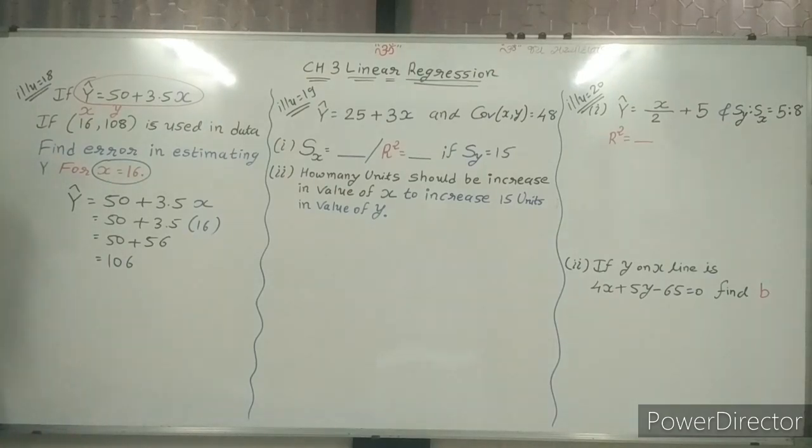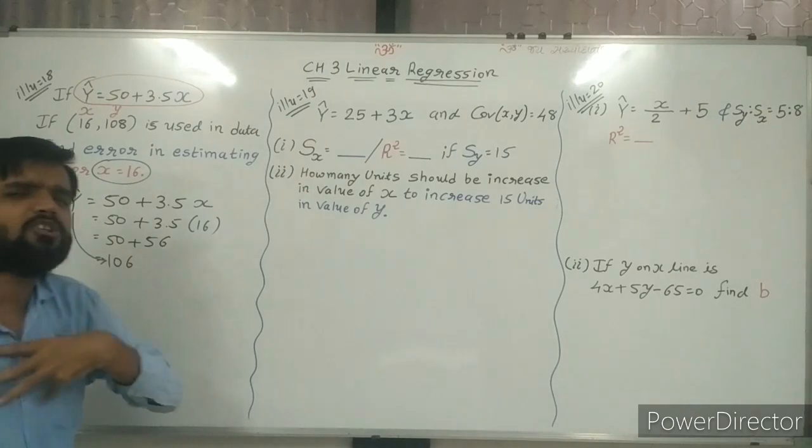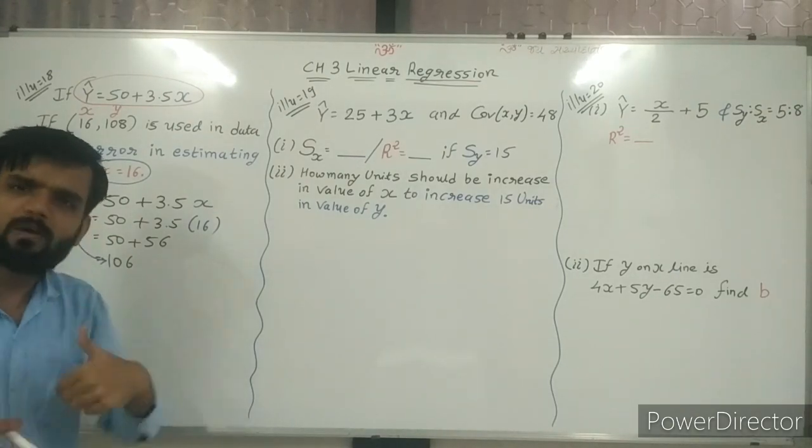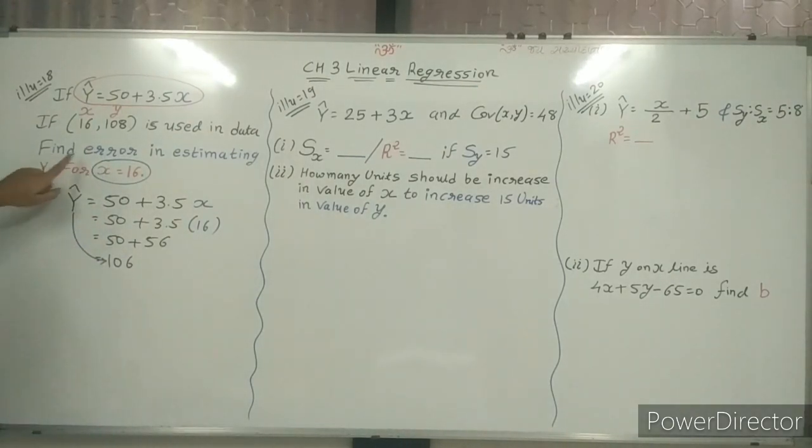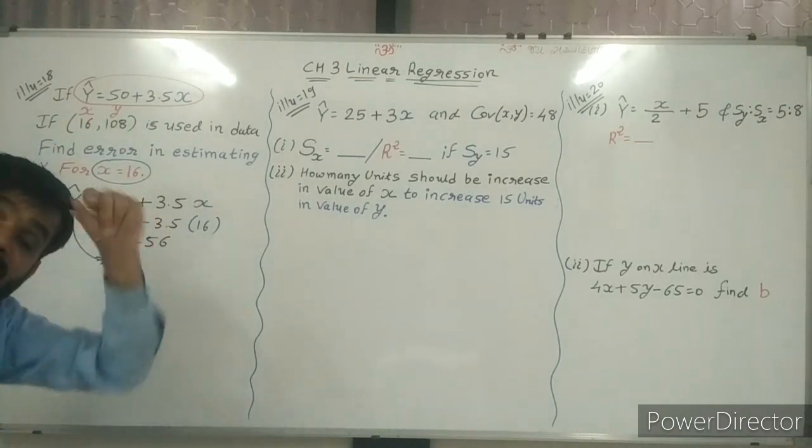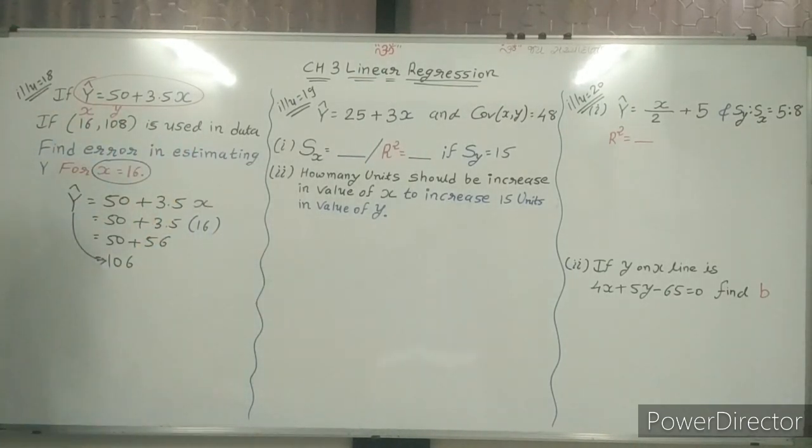Now sir, this is the value of y cap, 106. But sir, for x is equal to 16, what do we need to find? What is my objective? Find the error in estimating y. Estimating y means y cap. Estimation means cap. In the last lecture we have already discussed this.